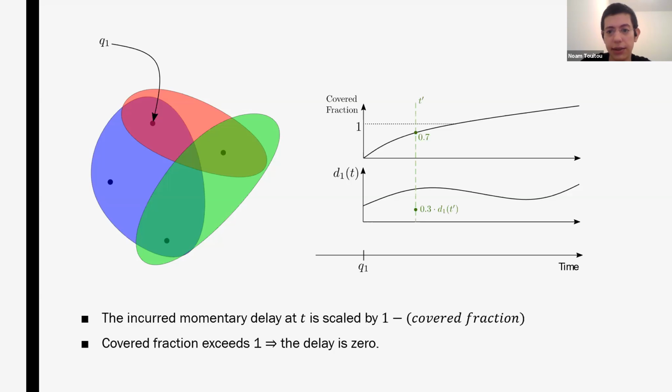That is, at this outlined point in time t', the covered fraction of the request is 0.7, thus its incurred delay at time t' is scaled by 1 minus 0.7, which is 0.3. Thus, over time, the delay function of the request looks like this. The total delay incurred by the request is this gray area shown here, which tapers off to 0 as the request becomes served.